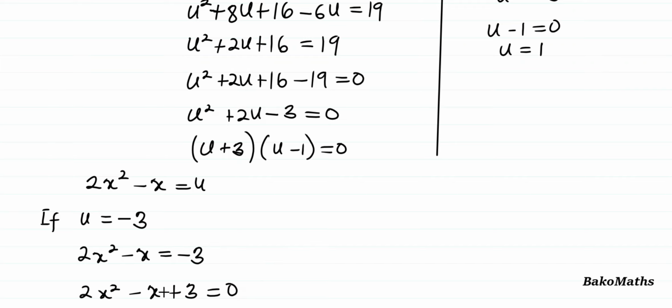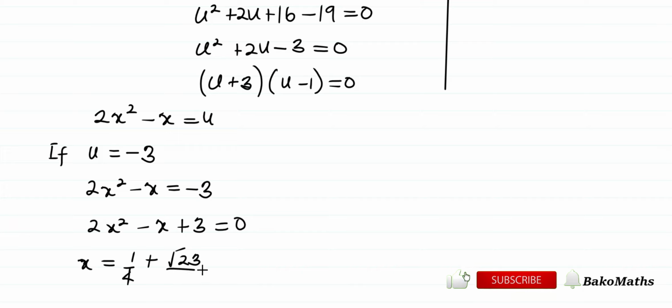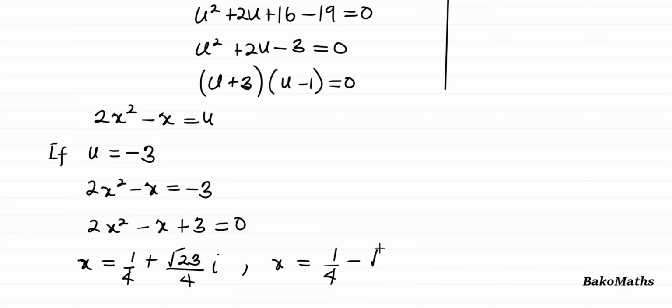Now simplifying this quadratic equation will give us an imaginary root. When we simplify this quadratic equation, we get x equal to 1/4 plus √23/4 i, and then we also get x equal to 1/4 minus √23/4 i, and these are imaginary roots.